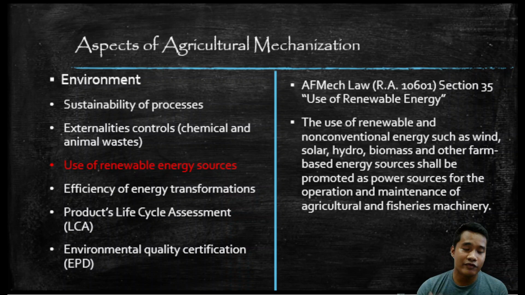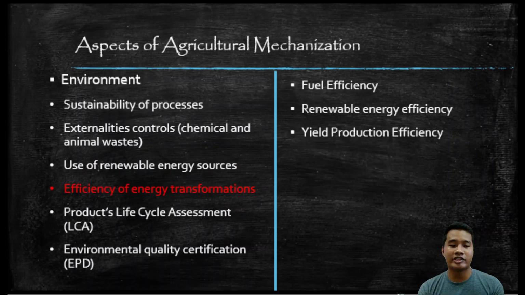This is very important because climate change has been very hot for decades. So this is also related to efficiency of energy transformation because if you have low efficiency, you have a highly inefficient application.